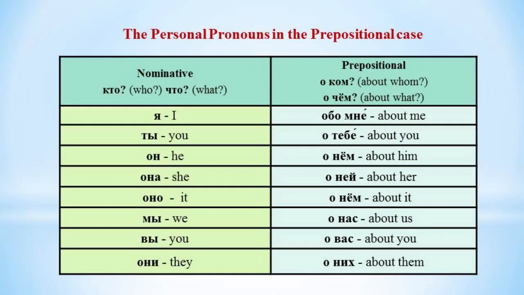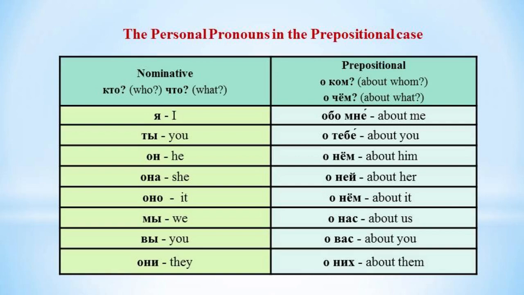Okay, and now we are going to talk about the prepositional case of personal pronouns. You can see two columns in this table. On the left side, there are personal pronouns in the nominative case, and on the right side, there are personal pronouns in the prepositional case. Let's read this table. I will be я. And if we would like to say about me, we will say обо мне. Pay attention here that we pronounce both letters O like A. Обо мне.